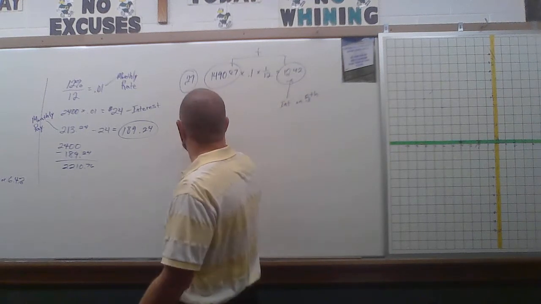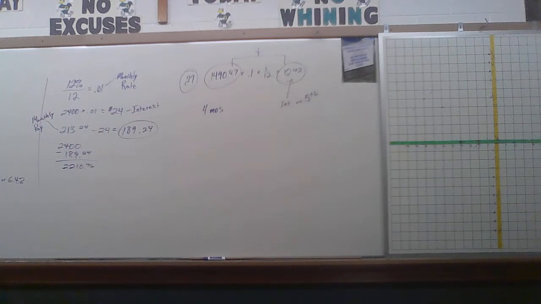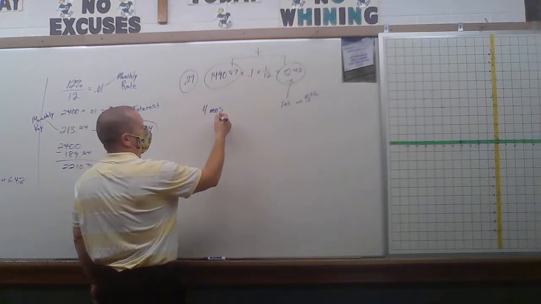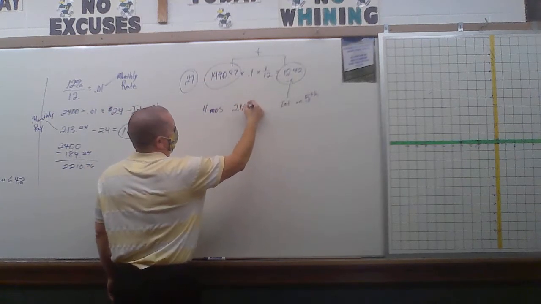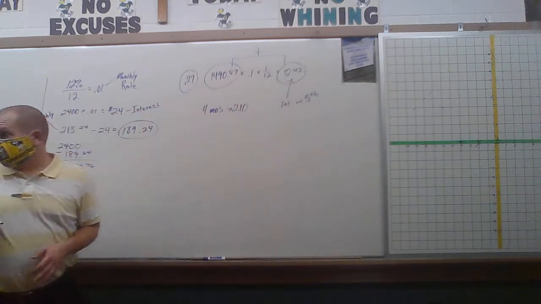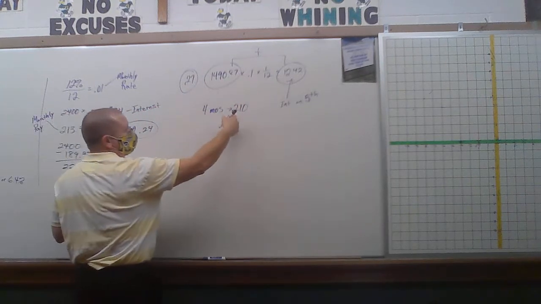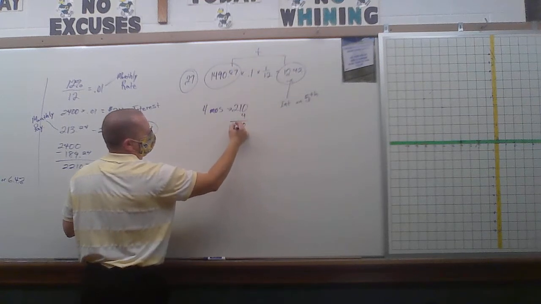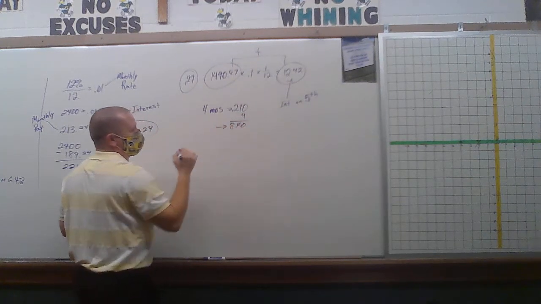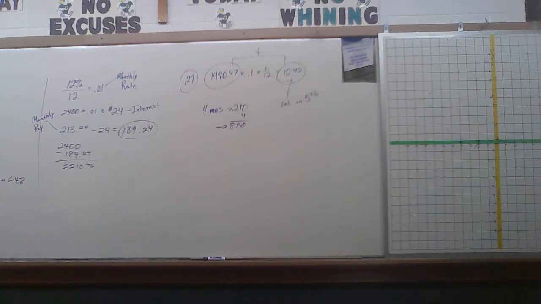And this one, we can't extend this problem to what we did on the quiz because we didn't have the monthly payment. But if they would have said, I'm making something up here, $210 per month, then I would have taken my 210 times 4, and this right here would have been how much I've already paid on whatever I bought.